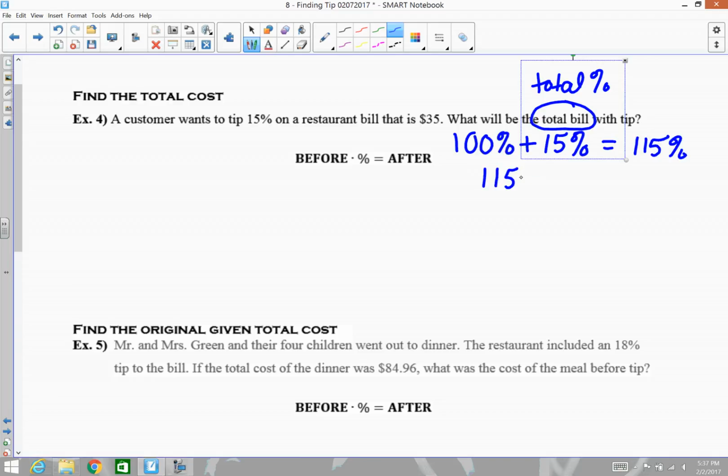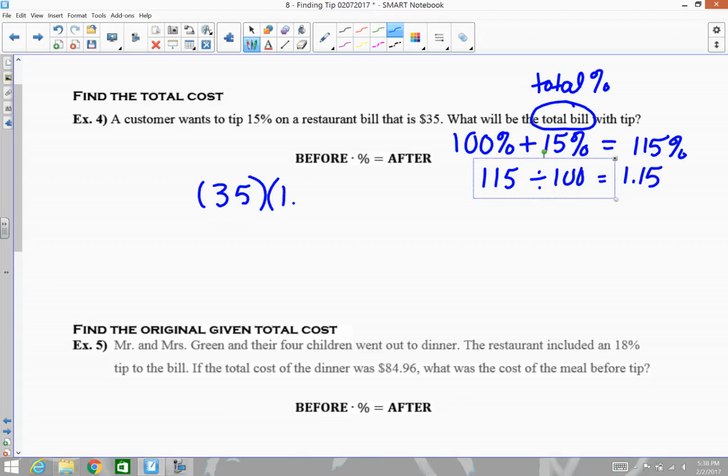If I take that and divide by 100, I'm getting 1.15 as the decimal that I should put in my equation for percent. So here we go. The restaurant bill, the before amount, before tip was added, is $35 times your total percent, 1.15.